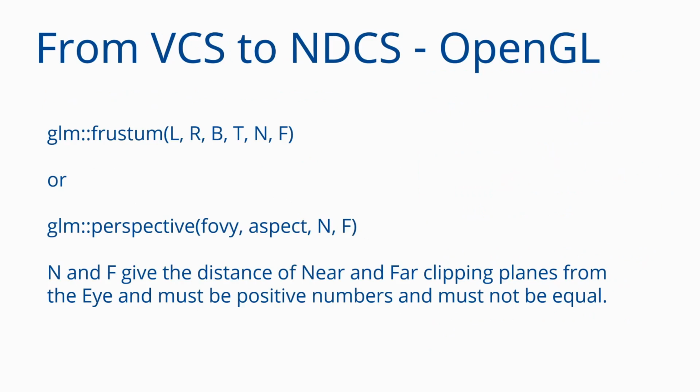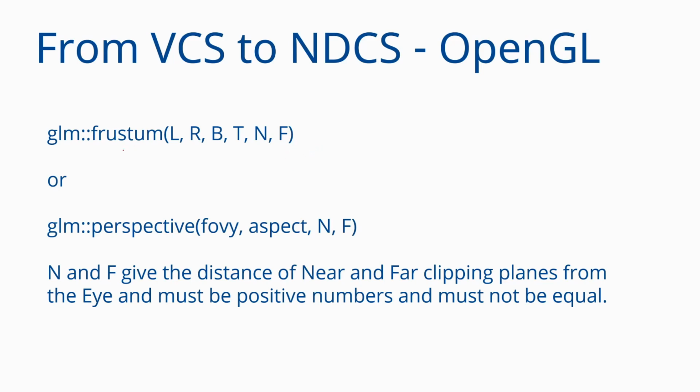What is the OpenGL command that will give you this transformation? Well, earlier in fixed function OpenGL, that is up to OpenGL 2.1, this was there as a part of OpenGL. Now it is there in GLM, and you have to construct this matrix and multiply it with the vertices in a shader.